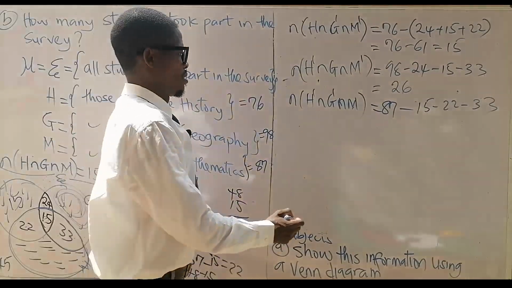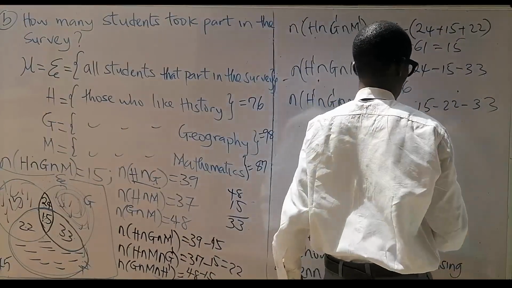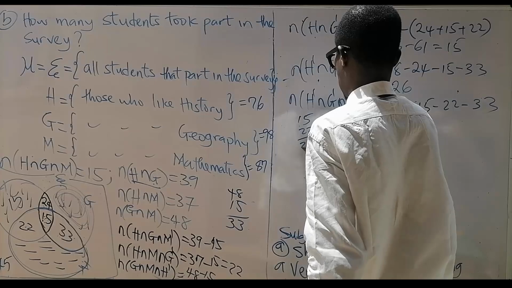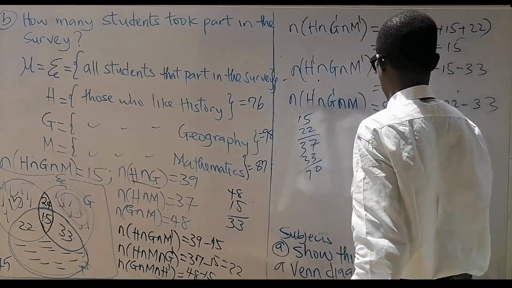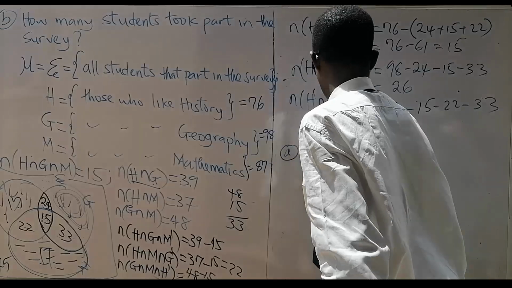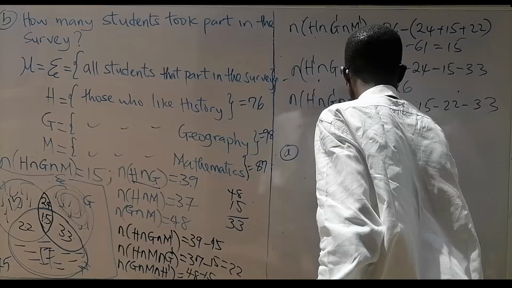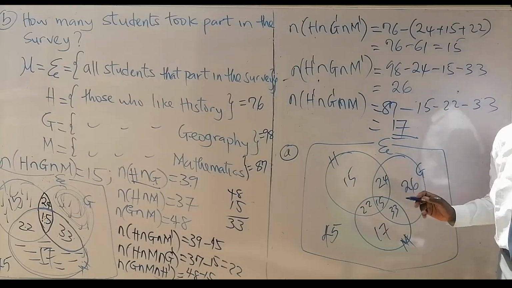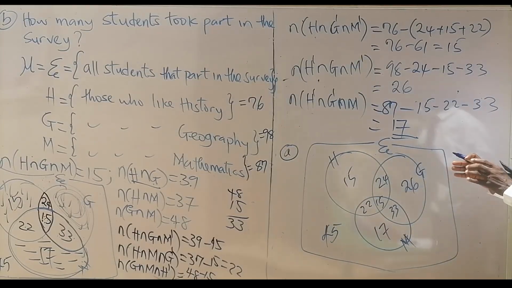If we do this, 15, 22, then 33, that is 70. So it's going to give us 17. So the A part, showing the information on the Venn diagram, that's the solution for the A part.